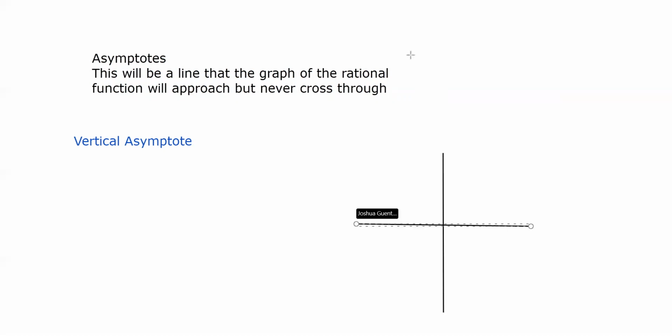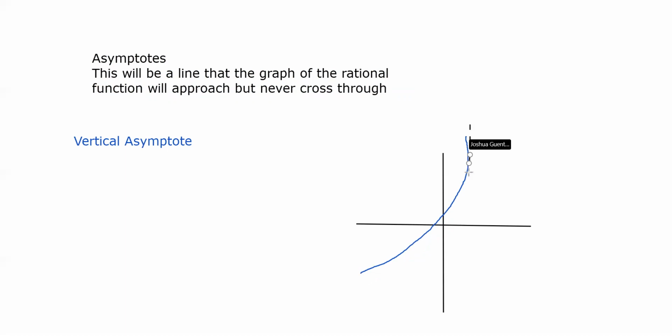Let me draw you a nice little picture. Basic idea of a vertical asymptote here. How about you have something that's doing, oh, not a line. Something that's doing this. There's going to be a hidden asymptote here, a vertical line that it just can't quite cross.